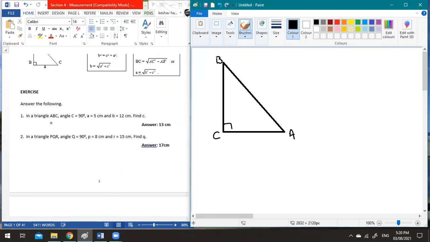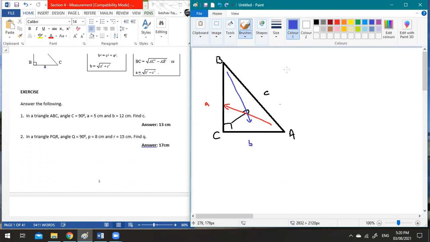Now, if you notice, the letters for the triangle are capital, but the sides that they give us are small letters. What usually takes place is that we use the opposite side for the small letters. So opposite of A will be small a. Opposite of B will become small b.